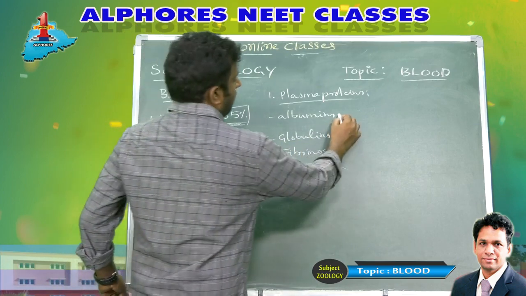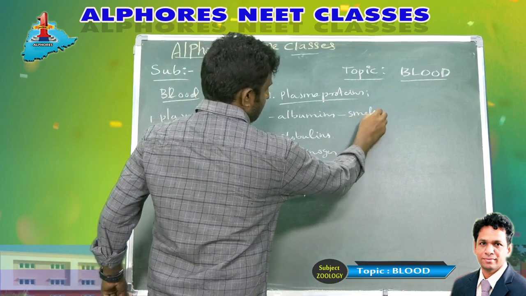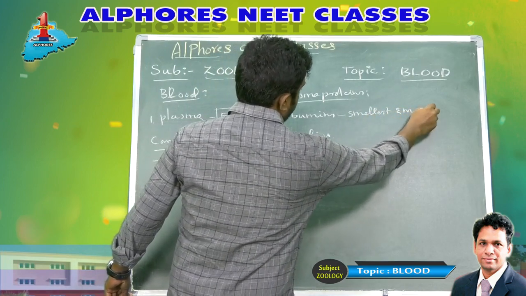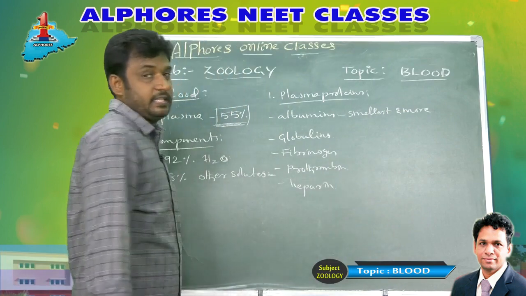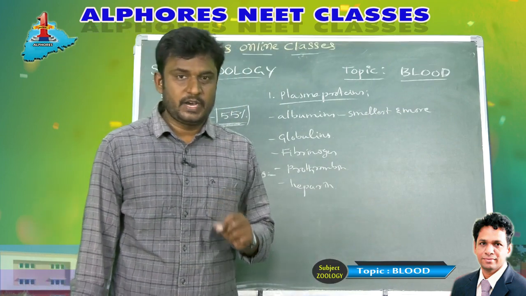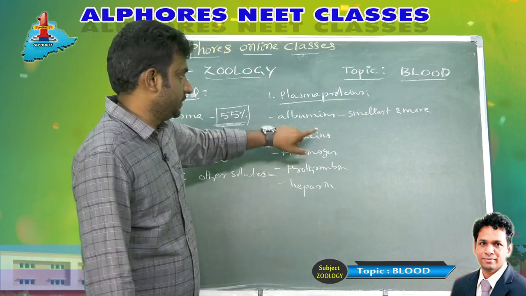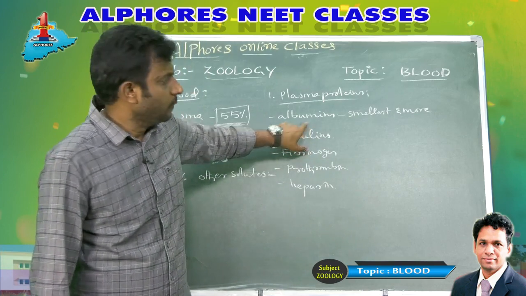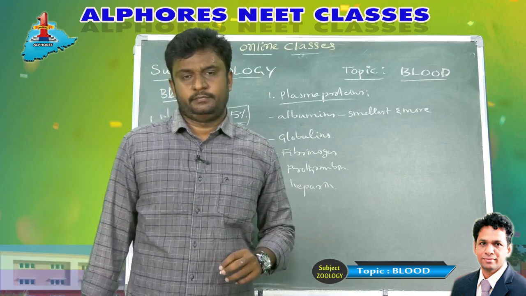So, albumins. Albumins are the smallest and most abundant plasma proteins. What is the function of albumin?